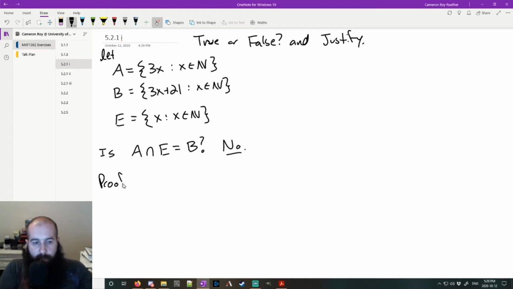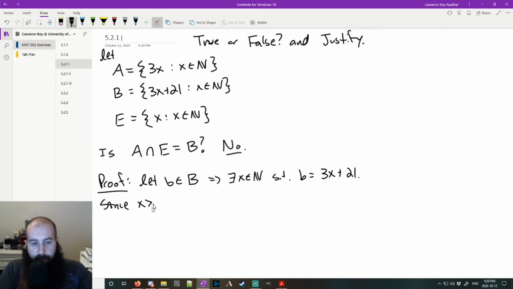To prove this, we have to demonstrate that there is an element in one of the sets which is not in the other. And we will do that as follows. First, let little b be an element of B. This means that there exists a natural number x such that b is equal to 3x plus 21. However, since x is greater than or equal to 1, this means that 3x is greater than or equal to 3, which means that 3x plus 21 is greater than or equal to 24, which is strictly larger than 3.